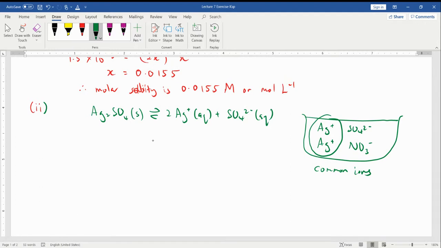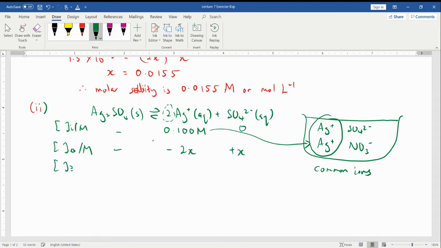So initially, silver ion has a concentration of 0.1 molar, which comes from silver nitrate. Then the change is minus 2x, remember, and this is plus x. So at equilibrium, we get 0.1 minus 2x and then x.